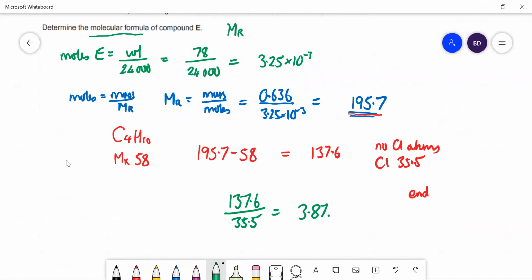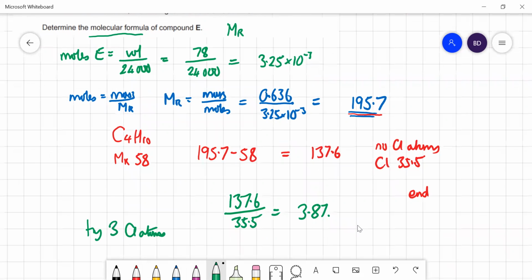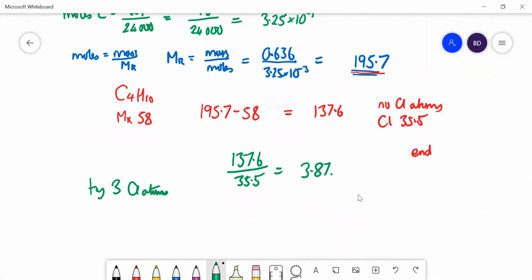So let's try it with 3 chlorine atoms and see how that works. What would be the MR of that molecule? That would be C4, and it won't be H10, it would be H7, because we're going to replace 3 hydrogens with 3 chlorine atoms, Cl.